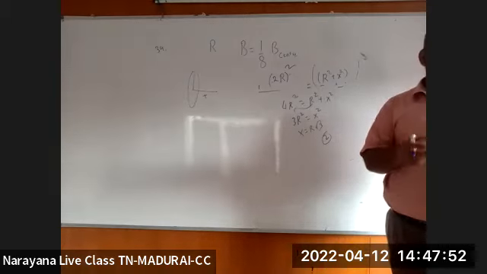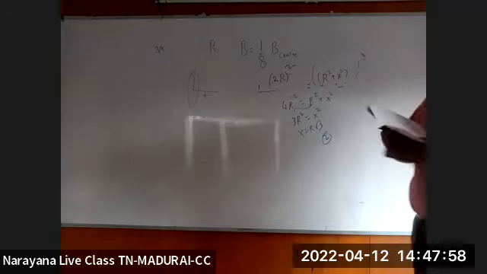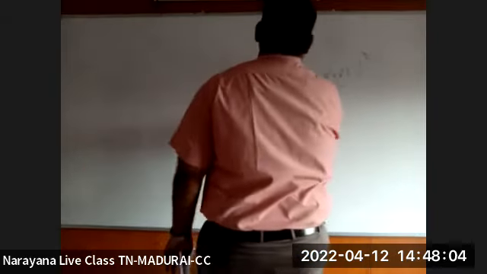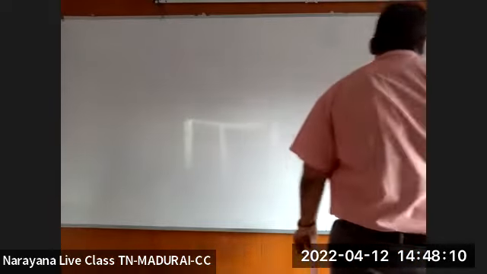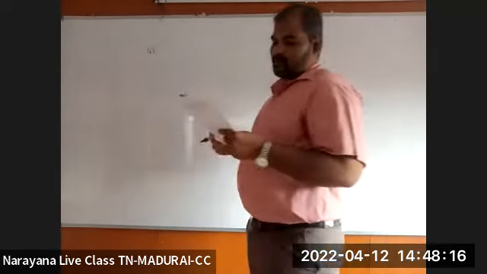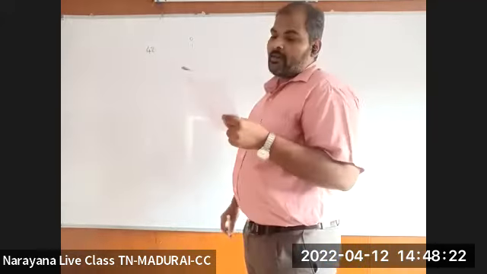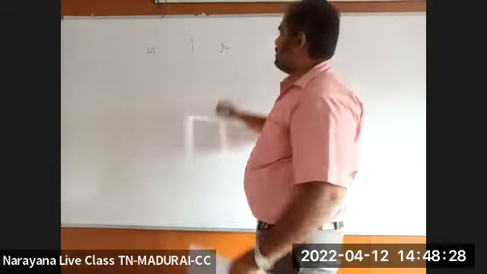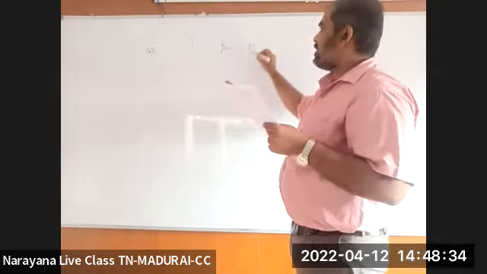Next, 42. Question number 42 here. A current of I ampere flows in the loop having a circular arc of radius small r meter, subtending an angle, sorry, in radian, theta.